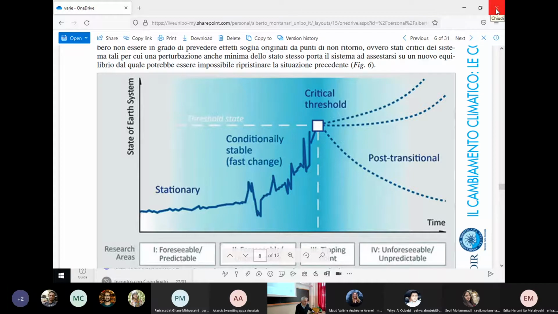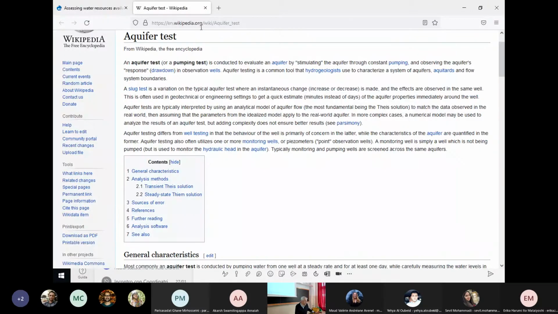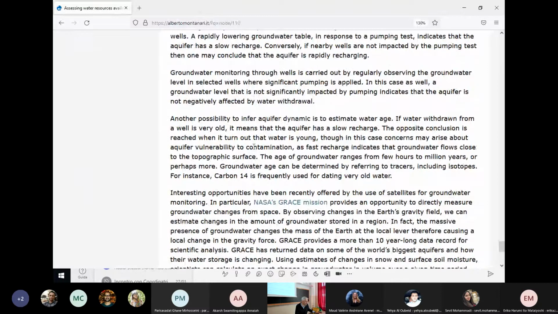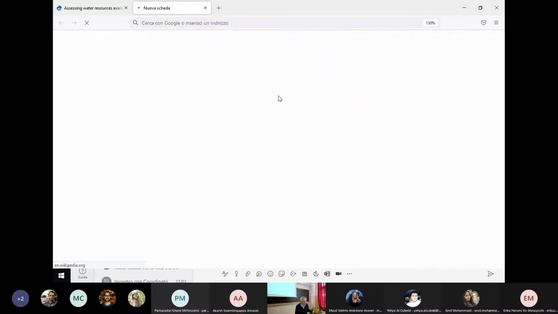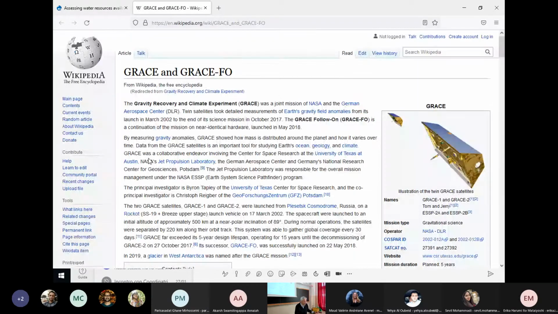So we make these pumping tests, which allow us to get some information, but still it is not enough. There are several unknowns which in a way are related to the use of groundwater. I just want to give you a final piece of information about this.